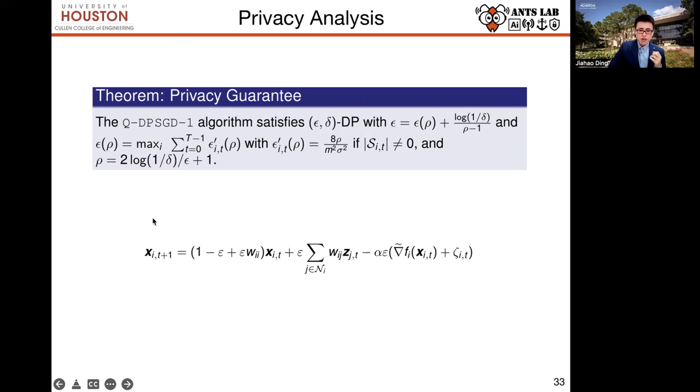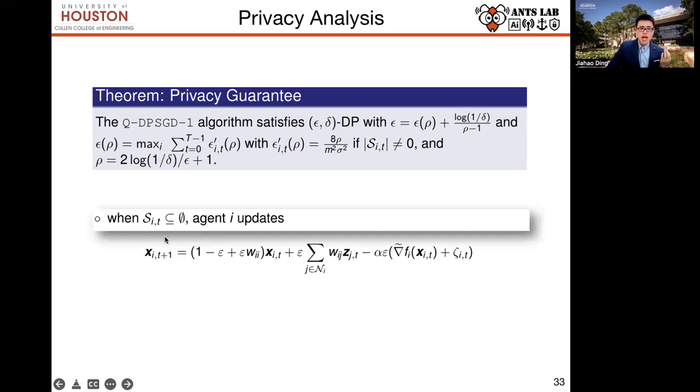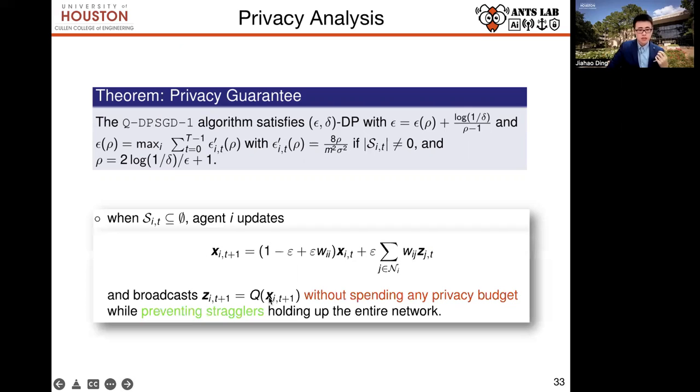We also consider the case where there is no gradient computation, which means the size of the mini-batch is 0. Then each agent i only updates the first part, sending the context model to the neighbors without spending any privacy budget, while preventing the stragglers from holding up the entire network.